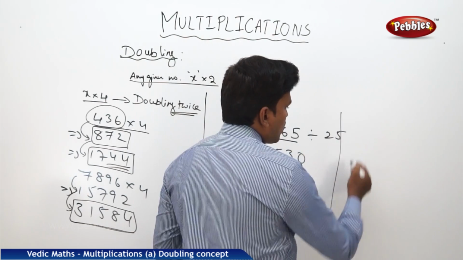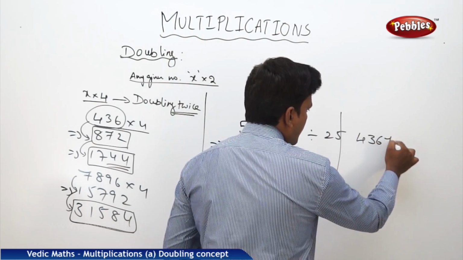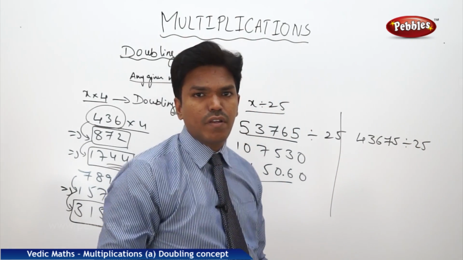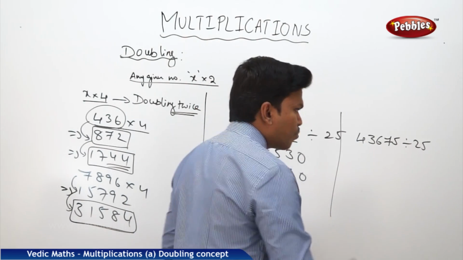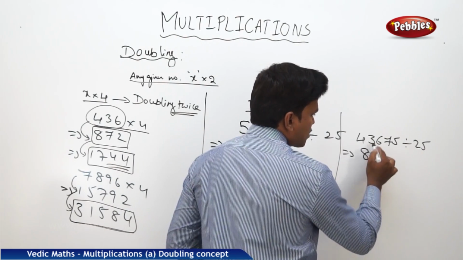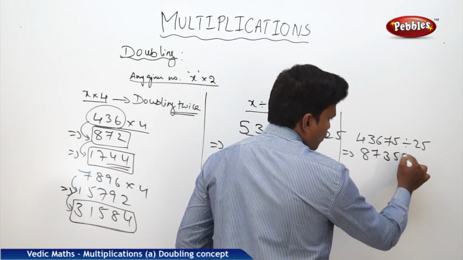One more example. Let us take 43675 divided by 25. I want to divide this number by 25. Again the same way, double the number twice and put a decimal point after 2 digits from the right. So double the number: 87350.